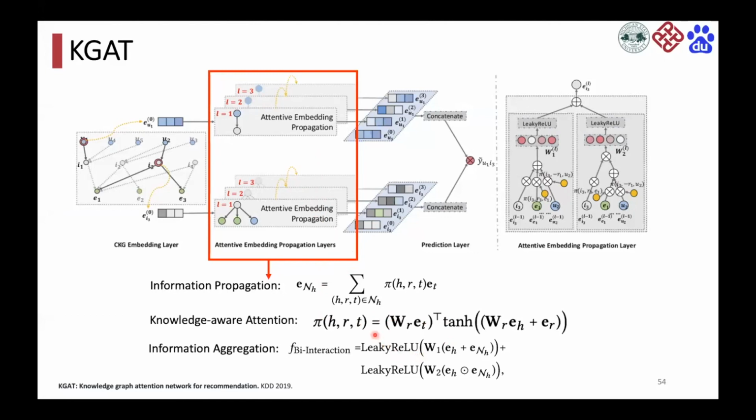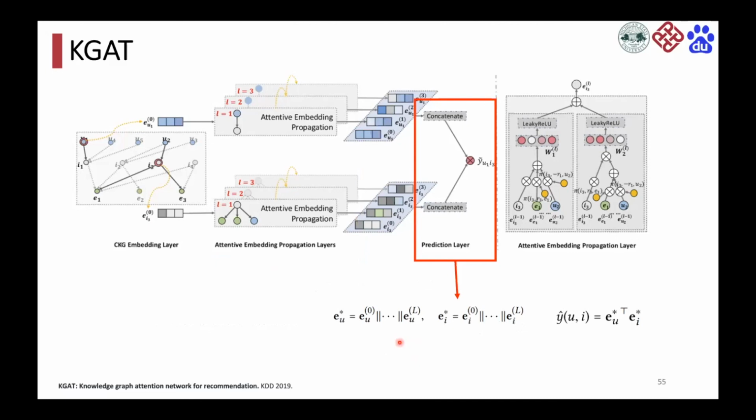Here, we should pay attention to the knowledge-aware attention, in which the attention score depends on the distance between the head entity, e_h, and the tail entity in the relation r space, W_r, to propagate more information for closer entities.